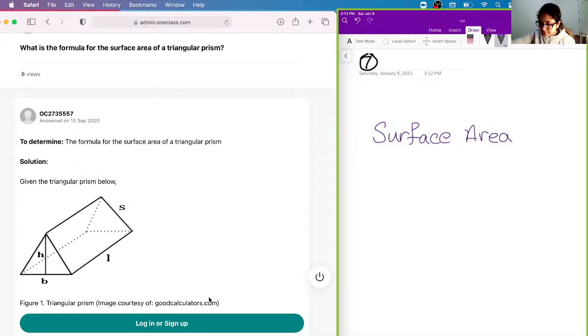And so we can express this as SA, the surface area of a triangular prism.